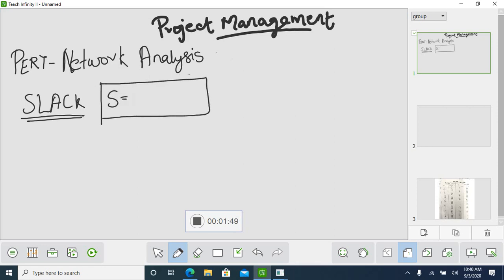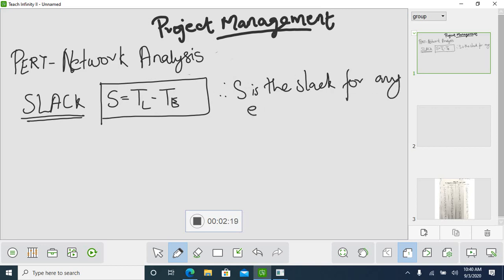So here you have the formula for slack, that is S equal to TL minus TE, where S is the slack for any event.